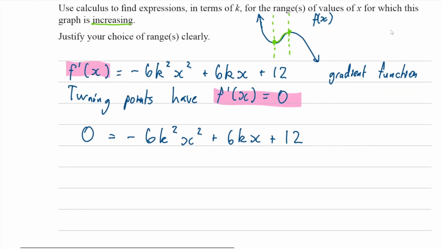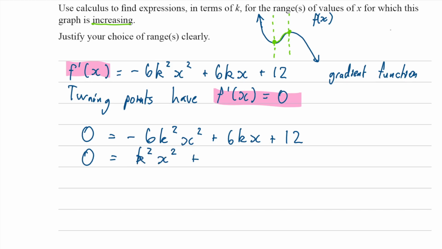Cool. So to do so, I firstly acknowledge the common factor of 6. So I'll divide everything by 6. Actually, I'll divide everything by minus 6 because I want the coefficient of x squared to be positive. So k squared x squared.